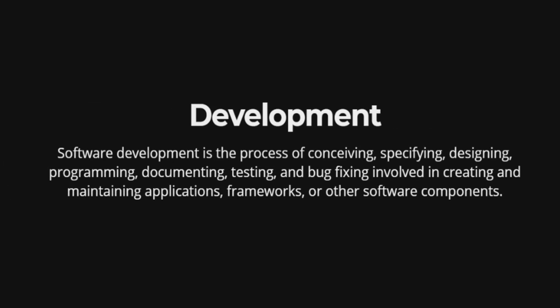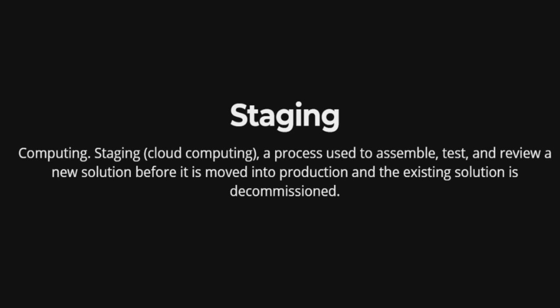Software development is the process of conceiving, specifying, designing, programming, documenting, testing, and bug fixing involved in creating and maintaining applications, frameworks, or other software components. Staging. Computing. Staging, cloud computing, a process used to assemble, test, and review a new solution before it is moved into production and the existing solution is decommissioned.